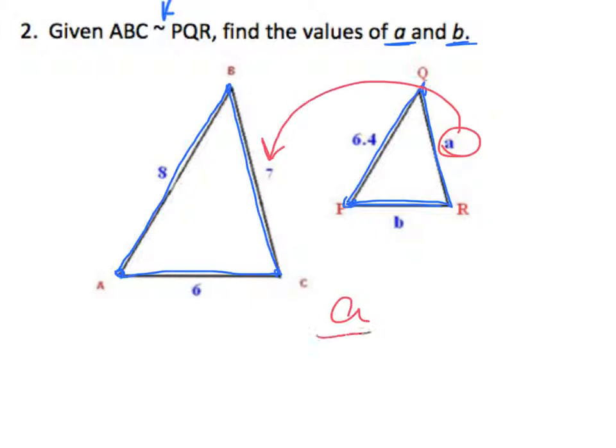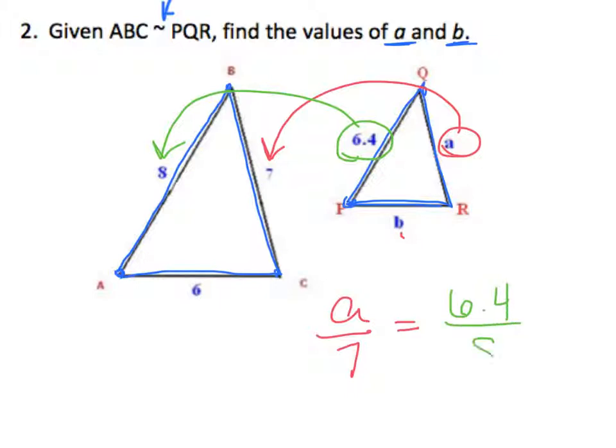So I'm going to say A over 7 equals, now I have to find two sides that I know. I can't use B because I don't know that side, so I've got to use the 6.4. So then I get 6.4, and that corresponds to 8. So notice on the top here, the A and the 6.4, that's from one triangle, and the 7 and the 8, that's from another triangle.